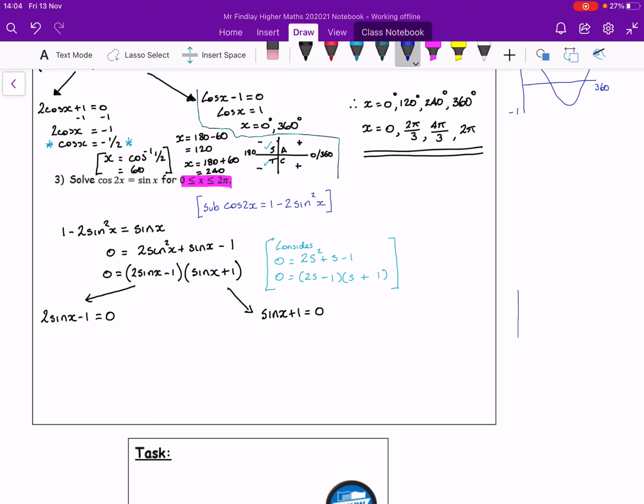Let's get a sine graph. It's going to help us solve. So when sin x is equal to minus 1, so there's 1, there's minus 1, there's 360. So that value there occurs at 270.